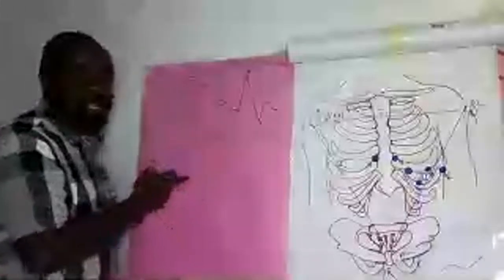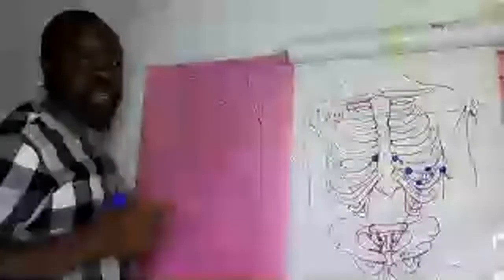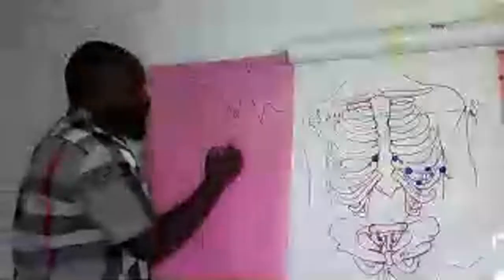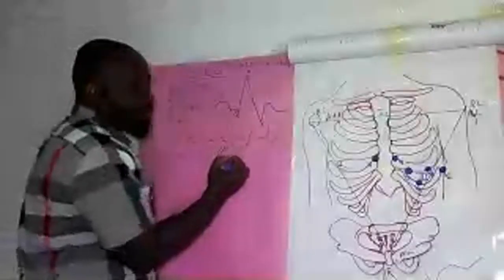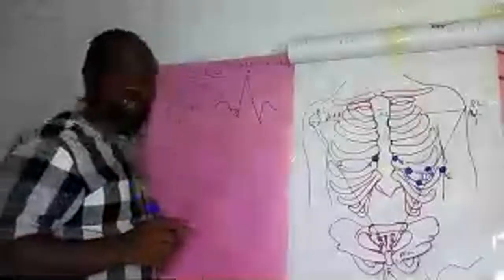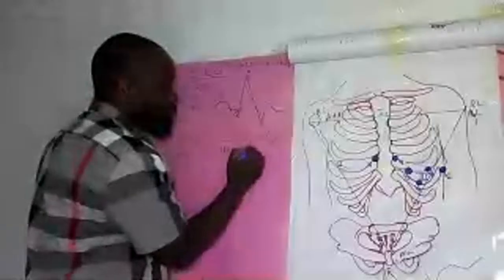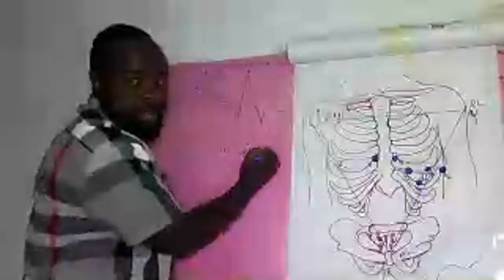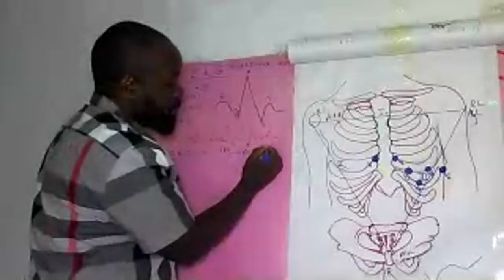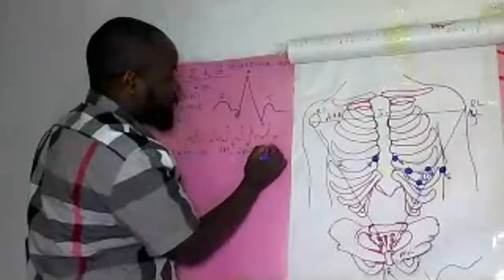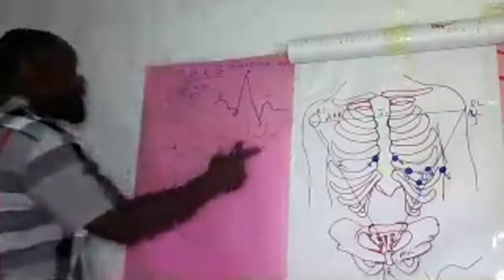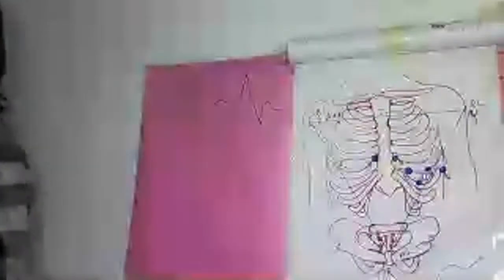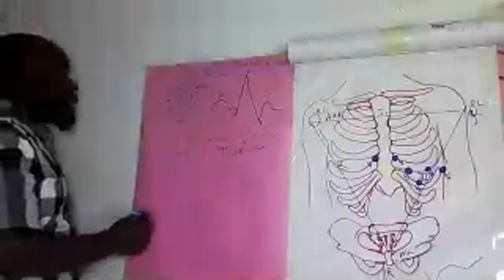If it is 70, it means it is on the normal side, because normal heart rate is between 60 and 100 beats per minute. There is something called the rhythm.